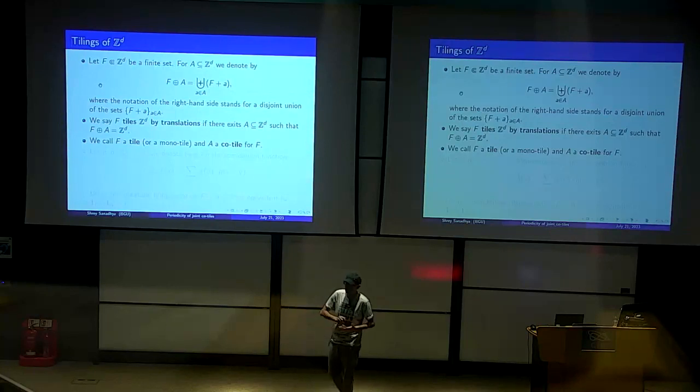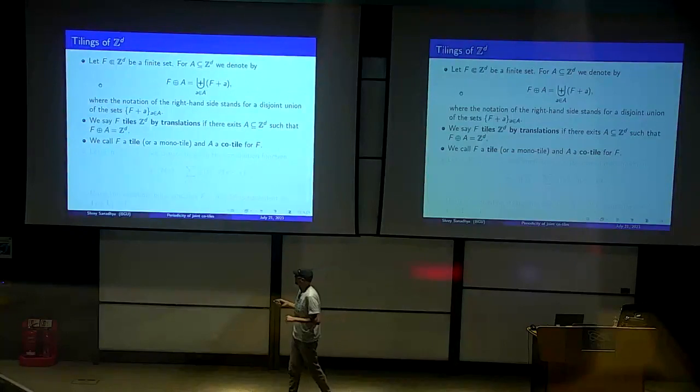So I'm just moving F. This A is the set of translations. I'll call F the tile and A the cotile.